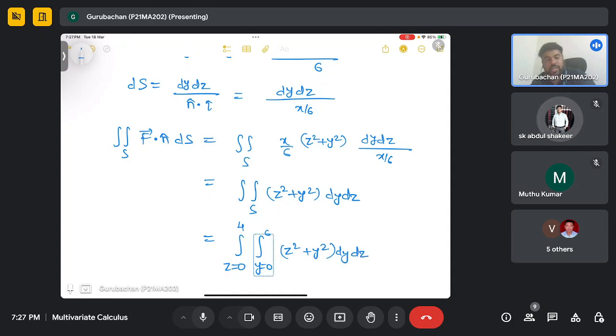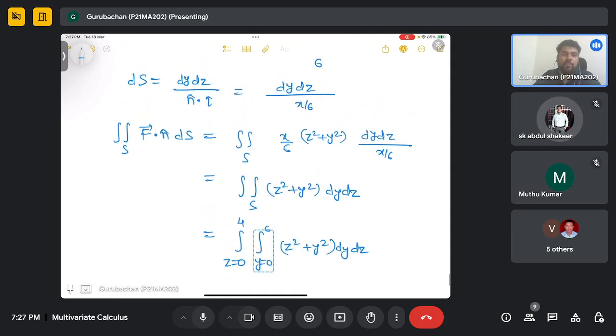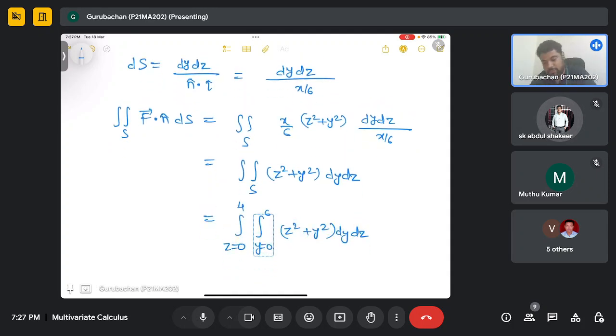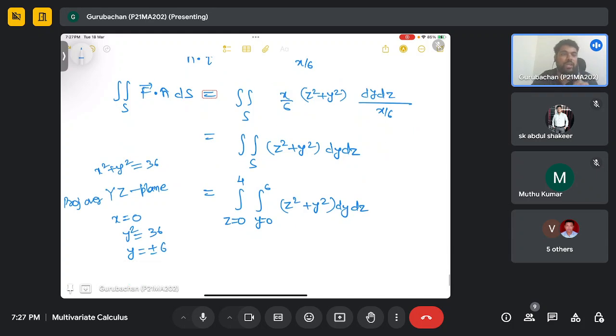Since we have taken the projection over the yz plane, we have x square plus y square equal to 36, and the projection over the yz plane gives x equal to 0. That means y square equals 36, so y can be plus or minus 6. But we are working in the first octant, so it will start from 0 to 6. And z is given from 0 to 4.